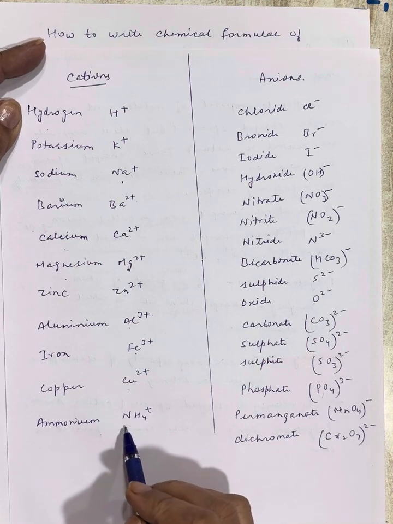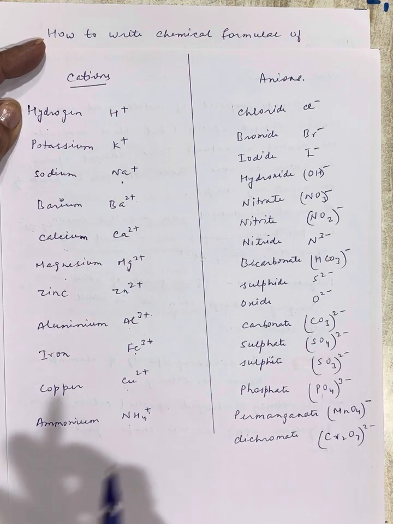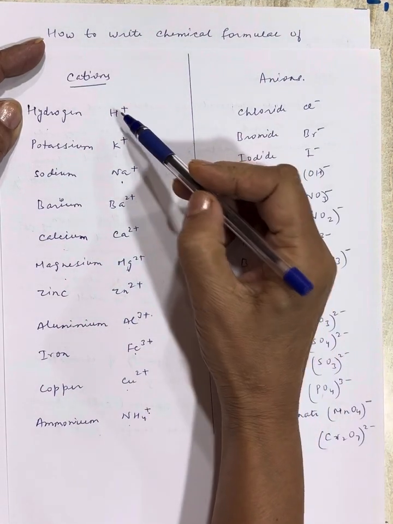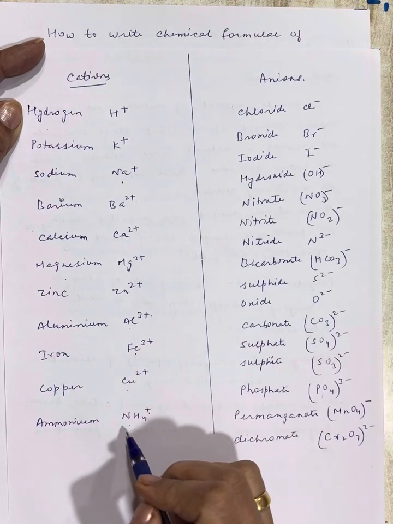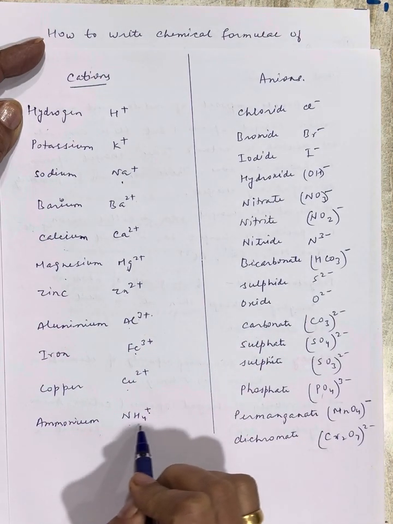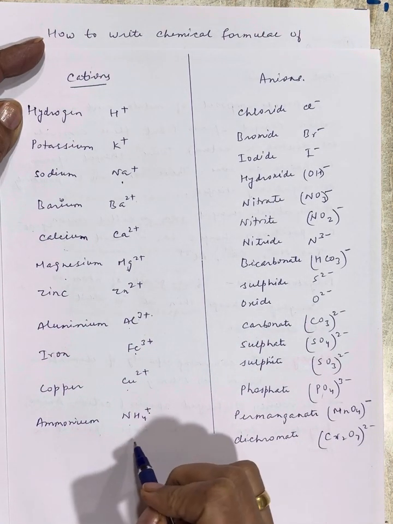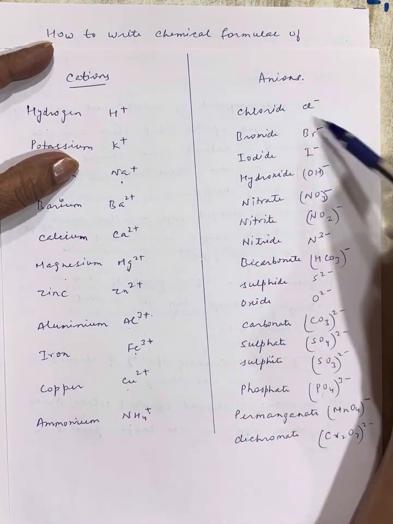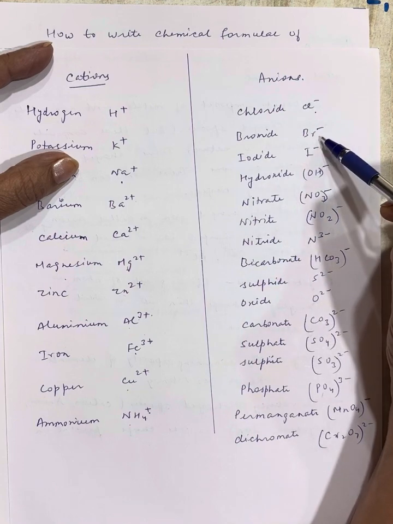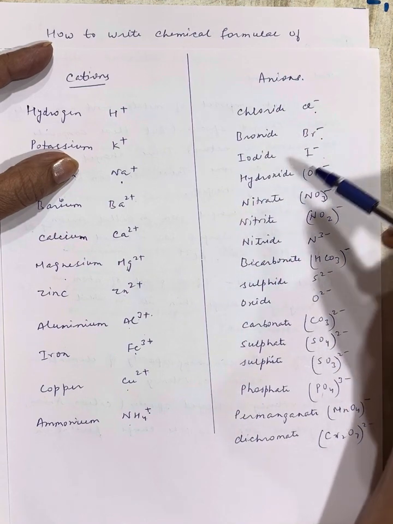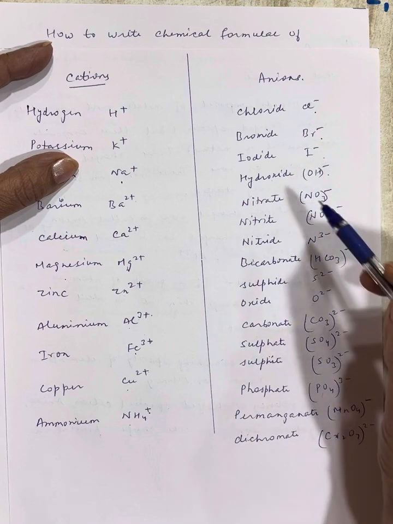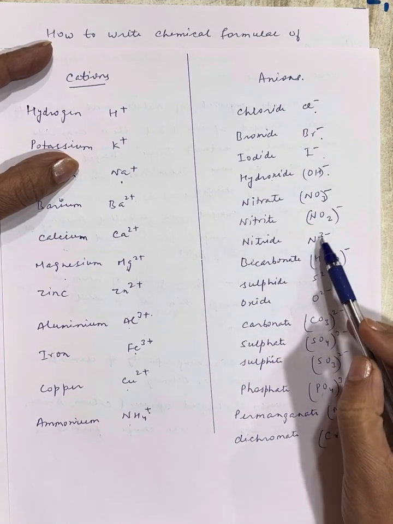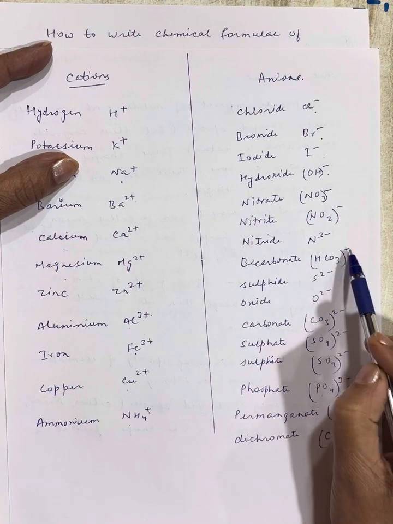This is the only polyatomic cation. Otherwise all these are single atoms carrying charge, but here ammonium is a polyatomic ion having a plus charge. A few anions are also there: chloride is Cl minus, bromide is Br minus, iodide is I minus, hydroxide is OH minus, nitrate is NO3 minus, nitrite NO2 minus, nitride N3 minus, and bicarbonate HCO3 minus.